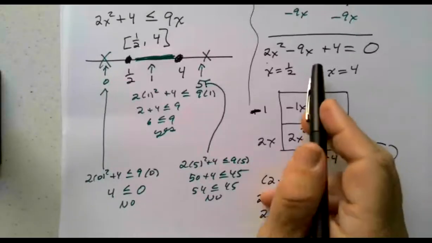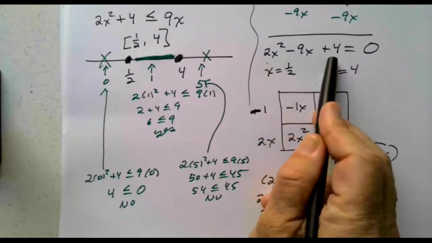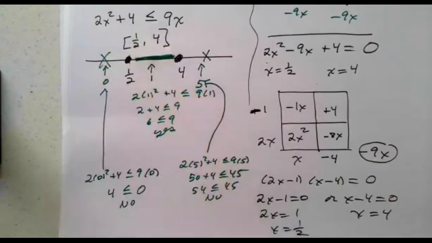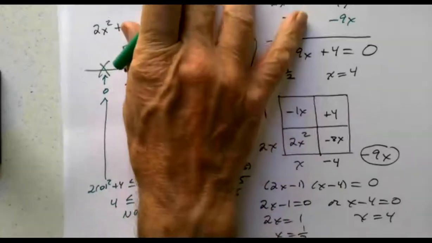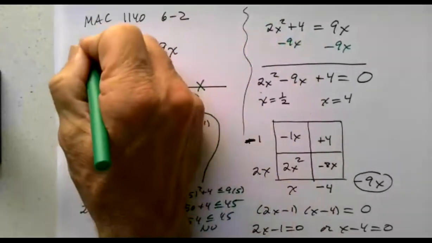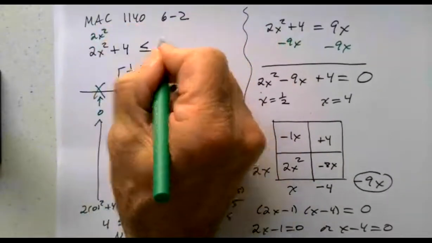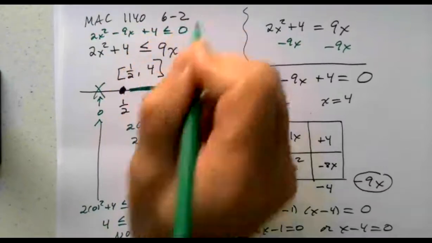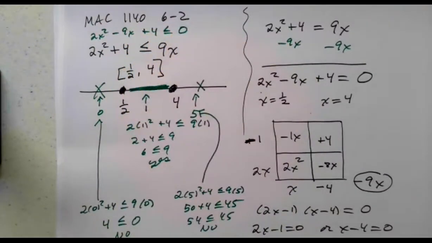We had rewritten it as 2x squared minus 9x plus 4 equals 0. So if I subtract the 9x from both sides, it could have become 2x squared minus 9x plus 4 is less than or equal to 0. So that is an equivalent question.